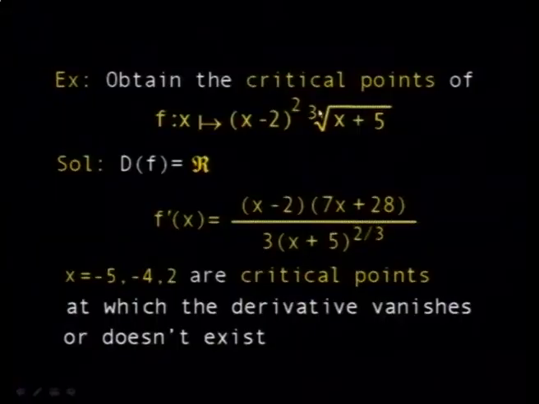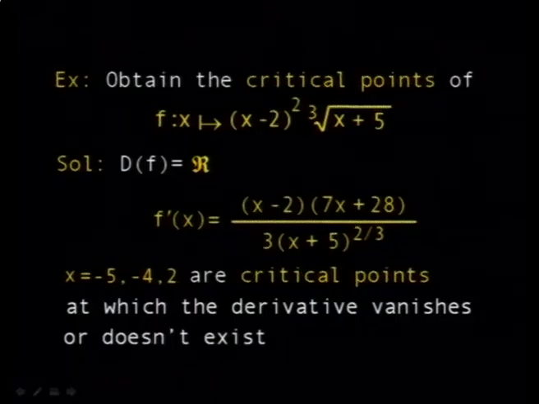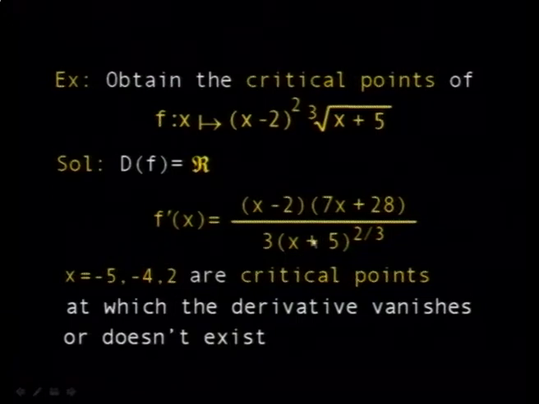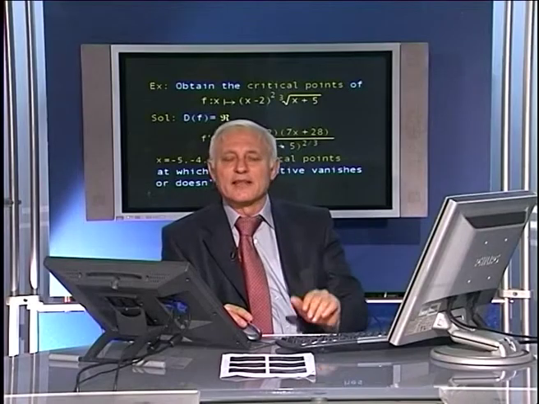Now here, this is a function, and you wish to calculate the critical points. You differentiate it, and then you set the derivative to 0, which means that you have one critical point at x equal to 2, and another one at x equal to -4. Whereas here, you have a point which lies in the domain of the function, in other words, it's an interior point, but at which the derivative does not exist, and still it is a critical point.